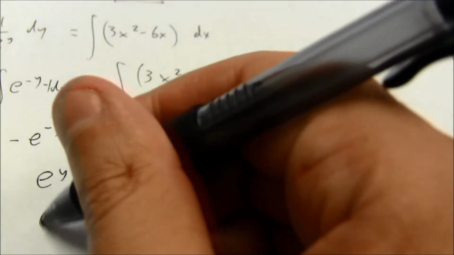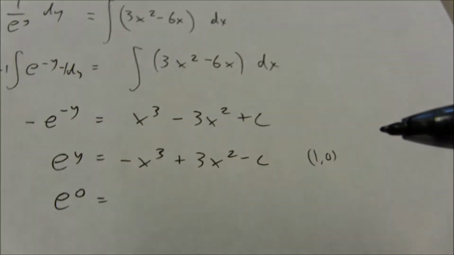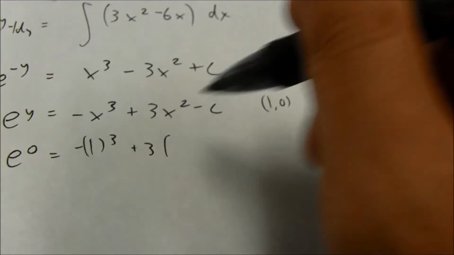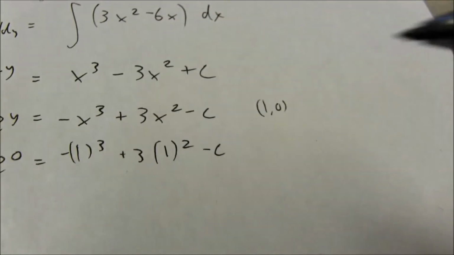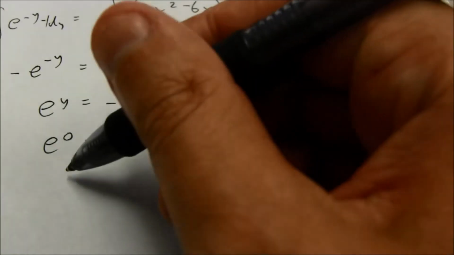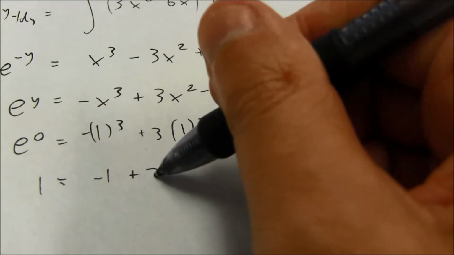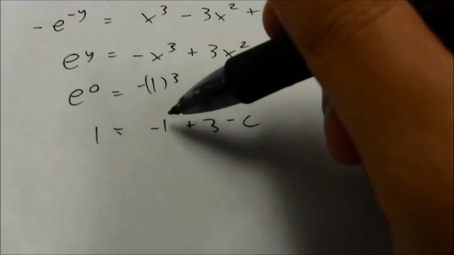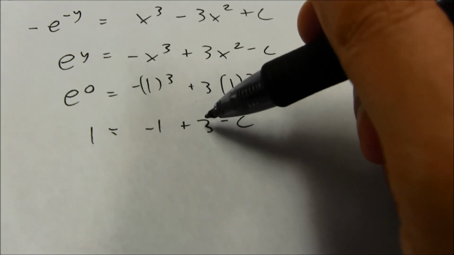So if I sub 0 for y, I get e to the 0 is equal to negative 1 cubed plus 3 times 1 squared minus c. And so that's going to be 1 equals negative 1 plus 3 minus c. Negative 1 plus 3 is 2.